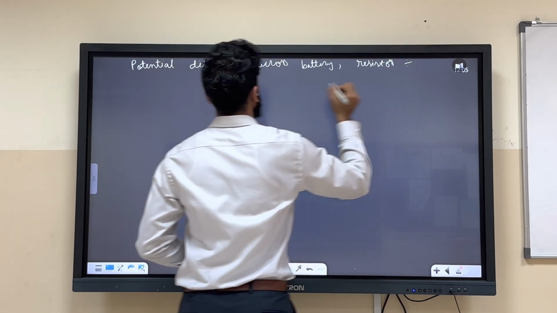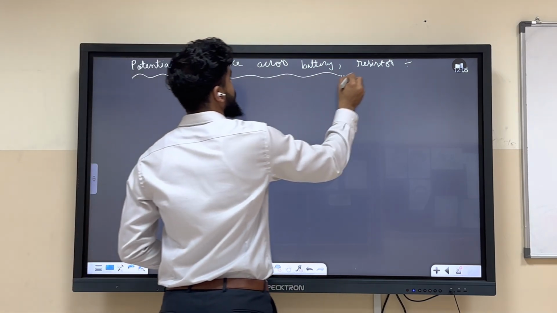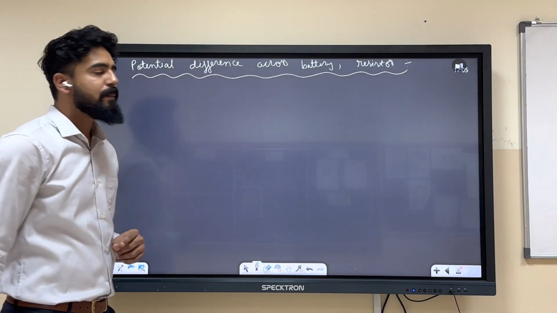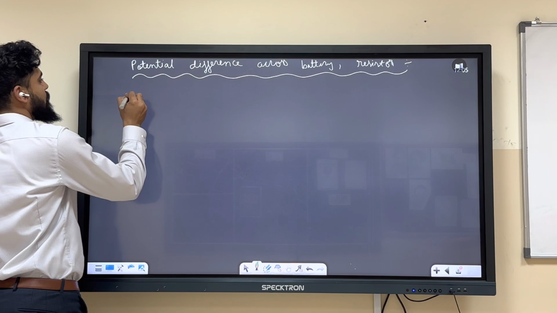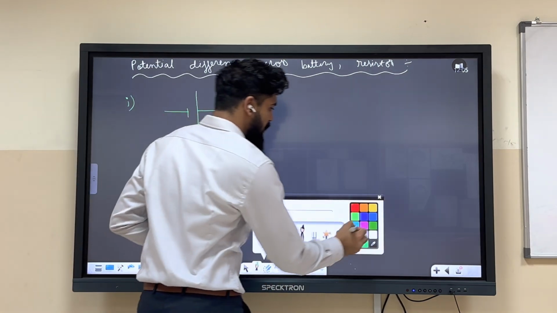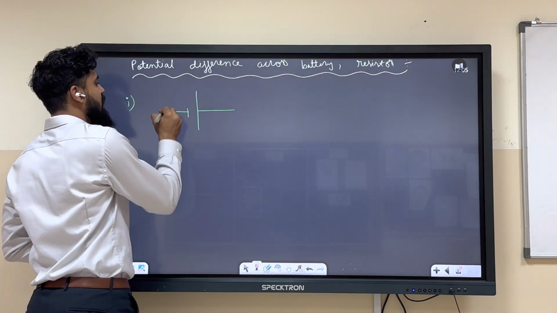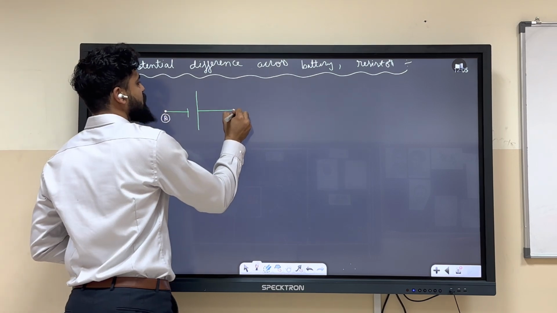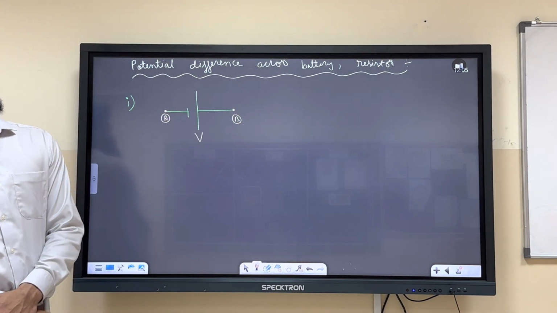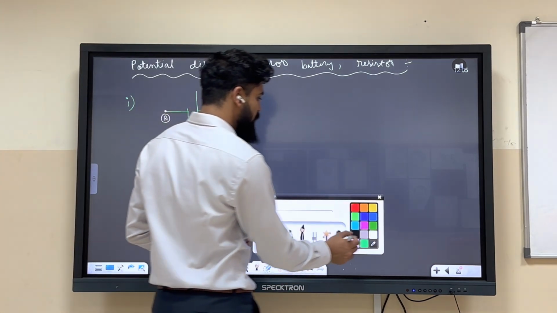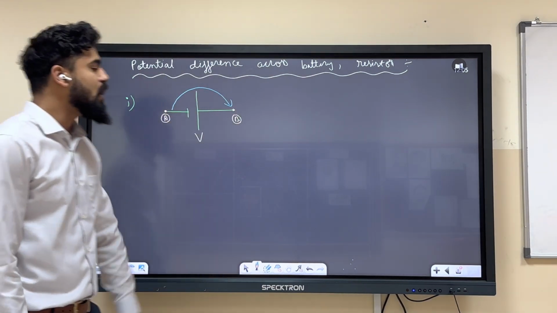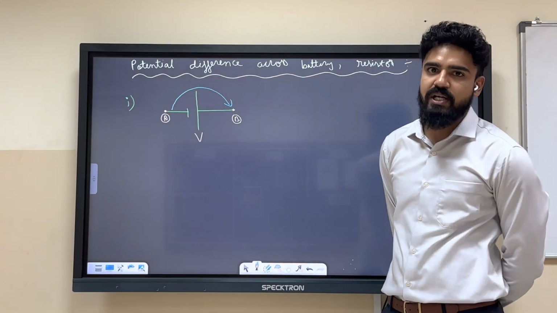So what is the potential difference? Watch carefully when we move from point A to point B. Let's say this is point A, this is point B. If the voltage of this battery is V, and we are jumping from here to here, moving in this direction, obviously we are moving from lower potential to higher potential. Yes or no?